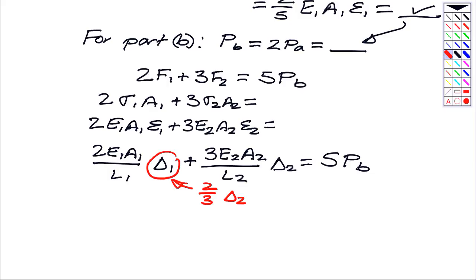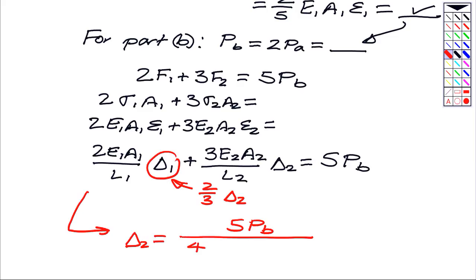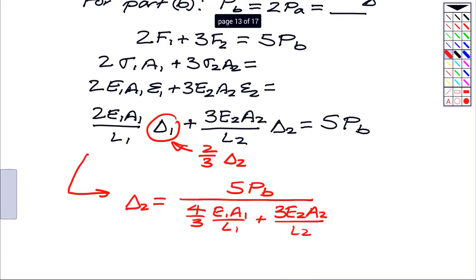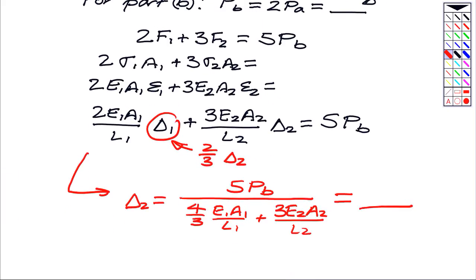I take that expression, and if I just solve that equation for delta 2, I get 5 P sub B divided by 4/3 E1 A1 divided by the length of 1, plus 3 E2 A2 divided by L2, and we get a number because we've got everything that we need to solve for there.